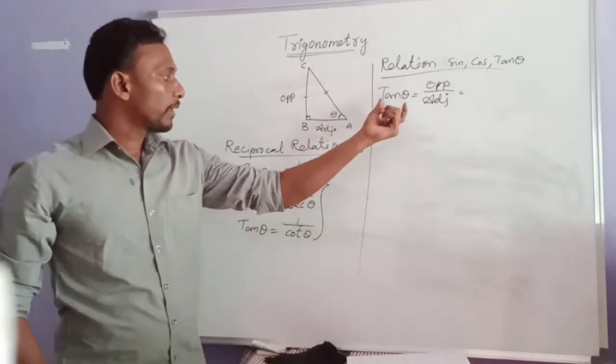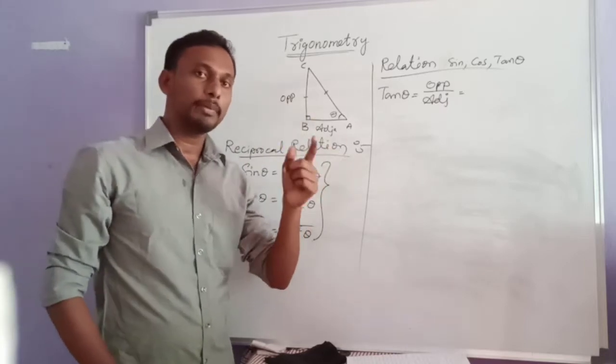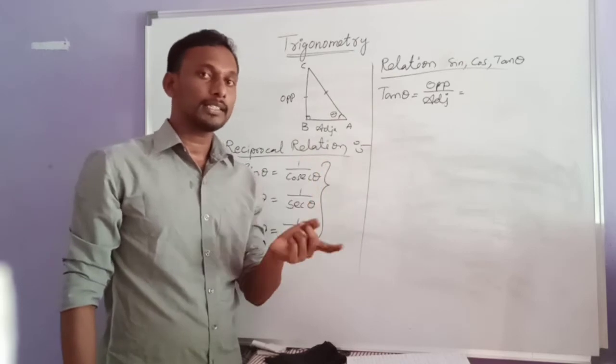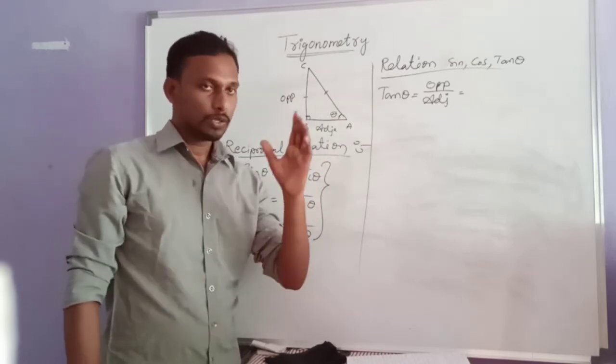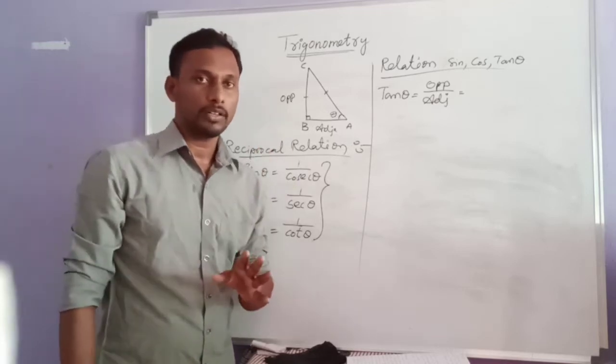Here sin theta means opposite side by hypotenuse, and cos theta is nothing but adjacent side by hypotenuse. So what is the relation between them? The denominators are the same or not, right?